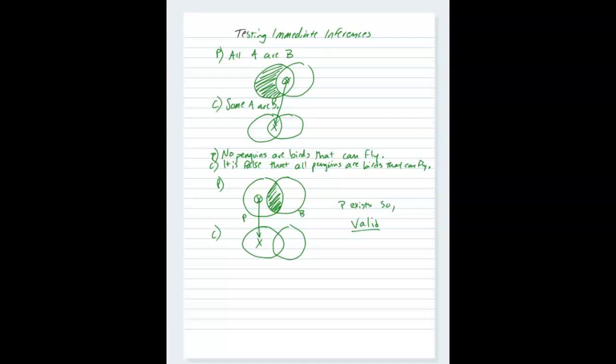All of those immediate inferences are going to be invalid from the Boolean perspective. But with our new mark, the circled X, we'll see that some of those arguments with universal premises and particular conclusions, like these two, might be valid if the circled X represents something that actually exists.